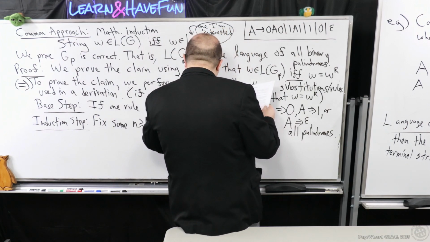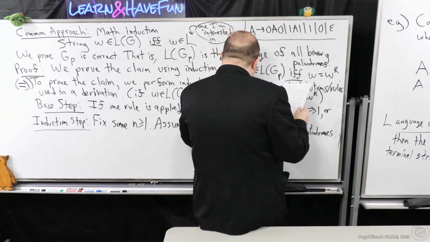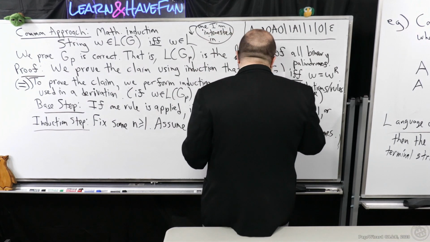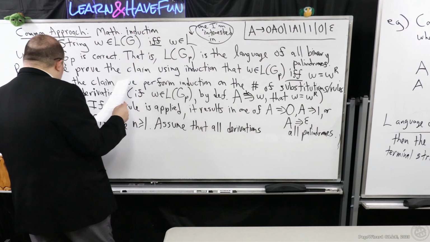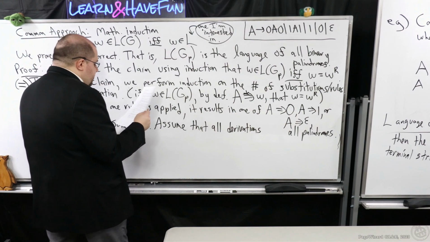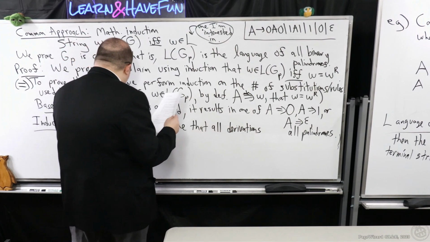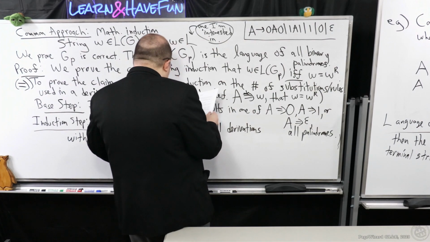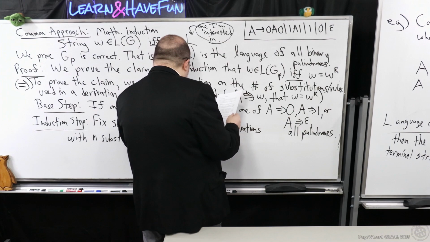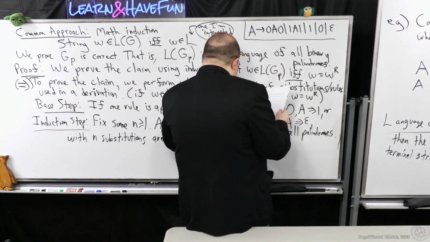So assume that all derivations with n substitutions are binary palindromes. I'll just say palindromes just for brevity. So that's the induction hypothesis.